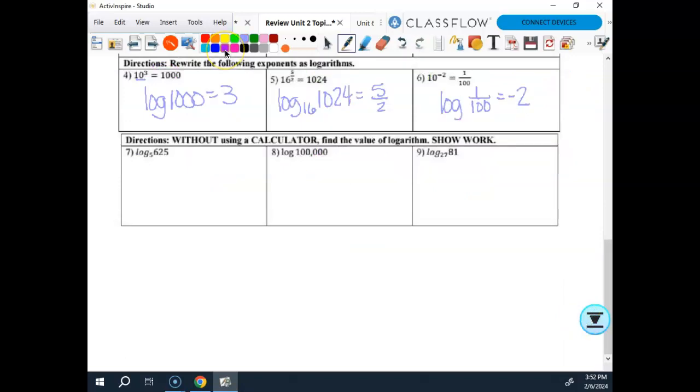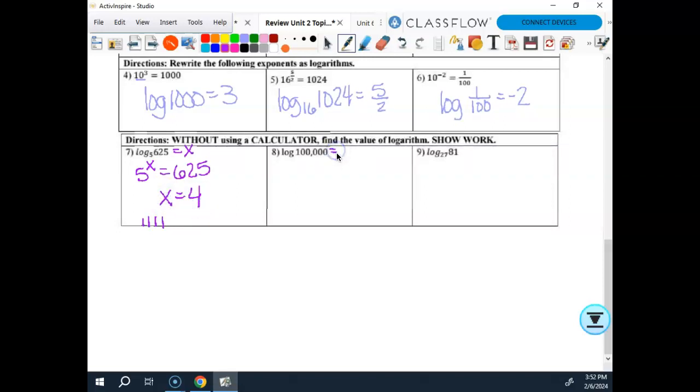All right, and then now without a calculator, I'm finding the actual value. So I'm going to set this equal to x, and then I'm going to rewrite it. 5 to the x power equals 625. So you can use your fingers. 5 times 5 is 25, times 25 is 125, times 5 is 625. So that is 5 to the 4th. So x equals 4.